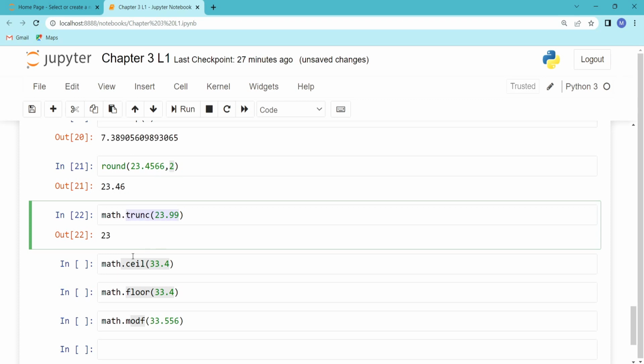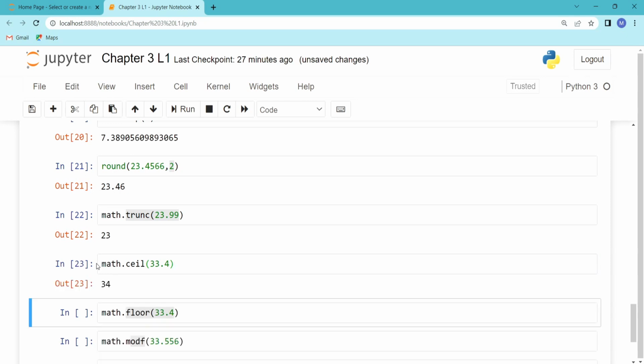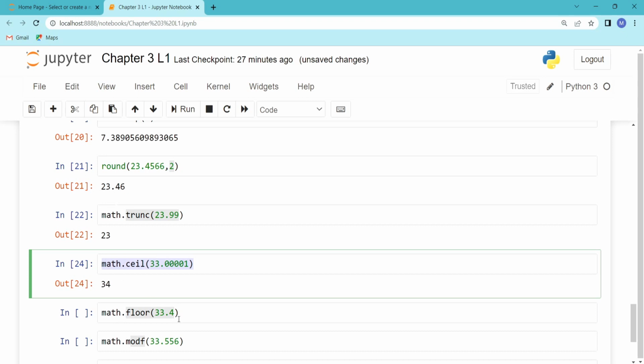functionality of truncate. Then when it comes to ceil, it will round the value up to the next digit. You can see 33.4 becomes 34, and 33.001 also becomes 34. So it will round off to the next digit.